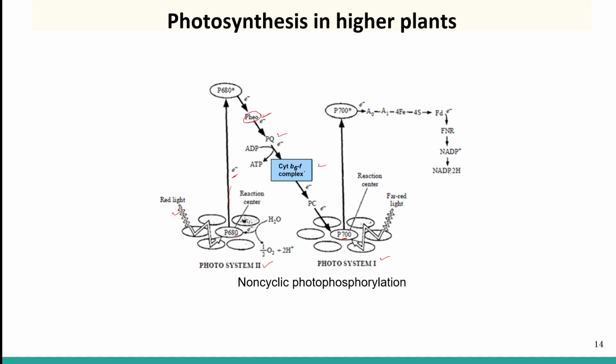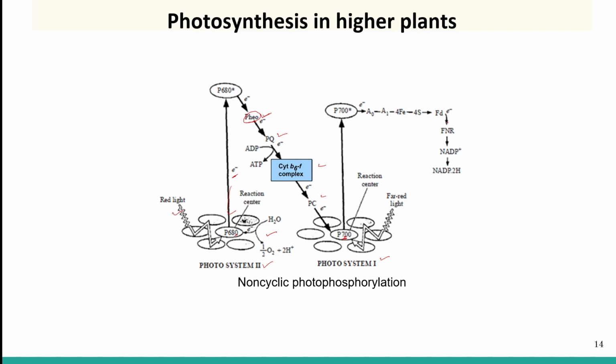Then we have the cytochrome b6f complex, then plastocyanin, and plastocyanin finally transfers the electron to photosystem 1. So the electron lost here is replaced by the electron coming from photosystem 2. Photosystem 1 also gets excited and loses an electron, and it gains the electron released from photosystem 2.